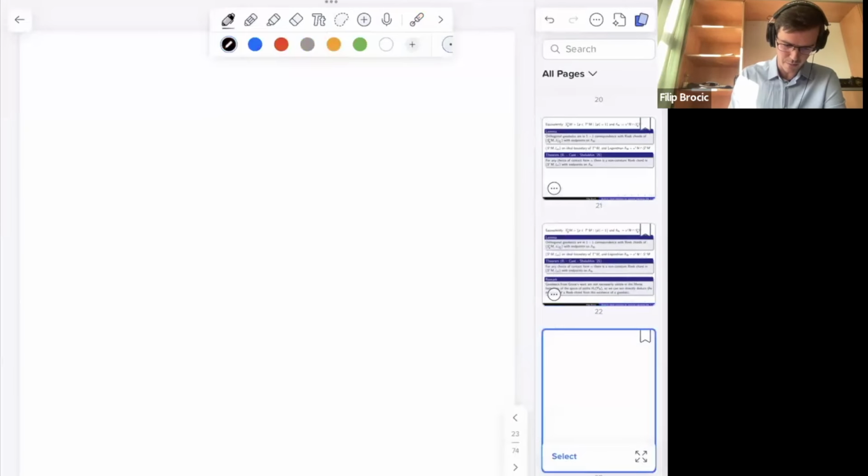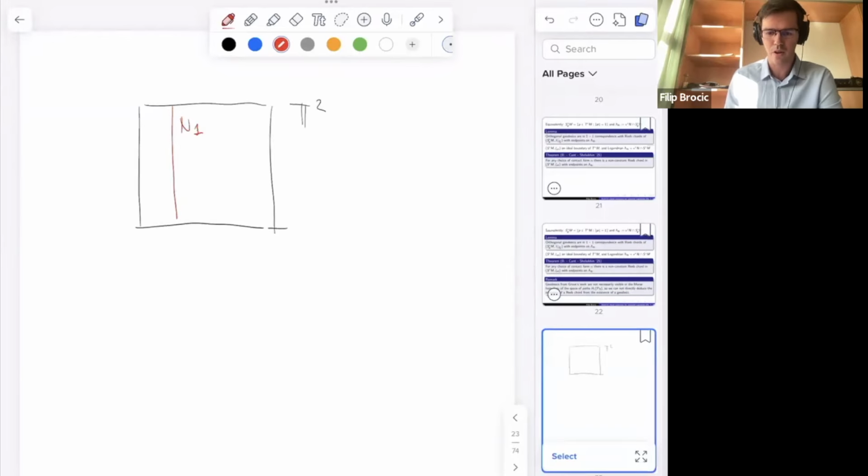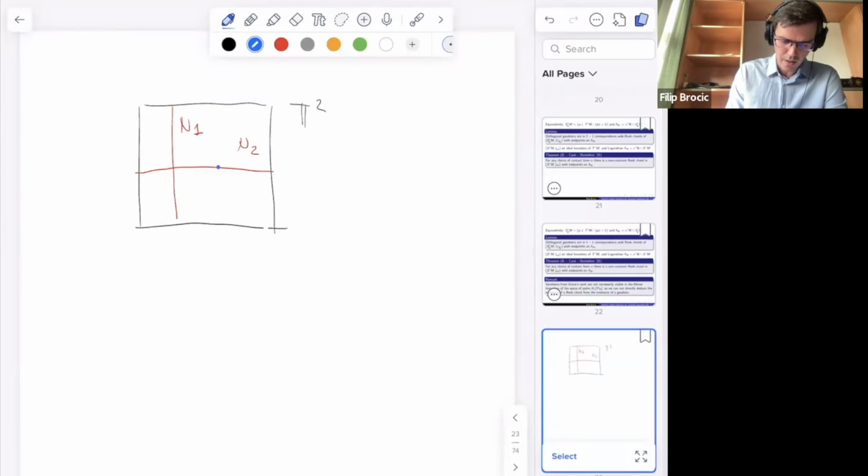So, for instance, if we take a flat torus, although this union will have an intersection, so we cannot really take N1 union N2, but in this particular case, there are no Reeb chords from the conormal bundle of N1 to the conormal bundle of N2, because any geodesic that starts on N2 orthogonally will be parallel to N1, and it can never finish on N1 orthogonally.